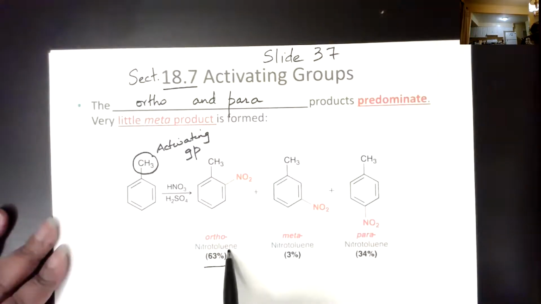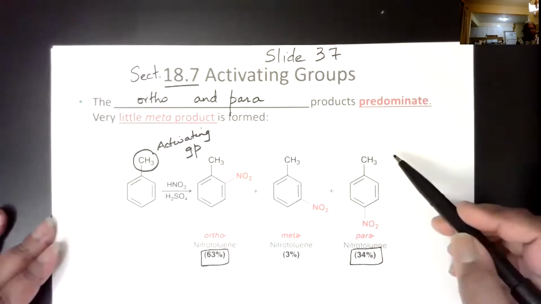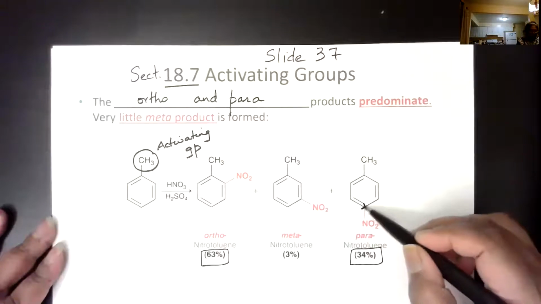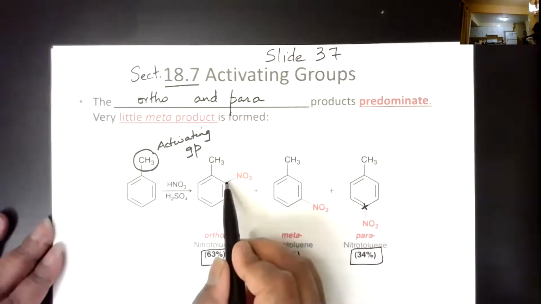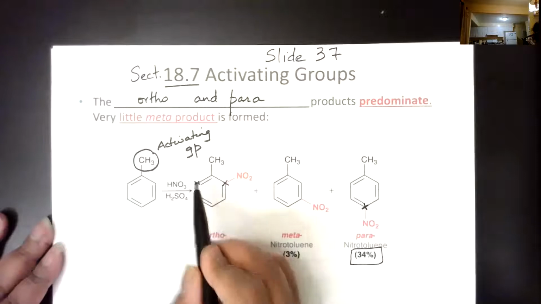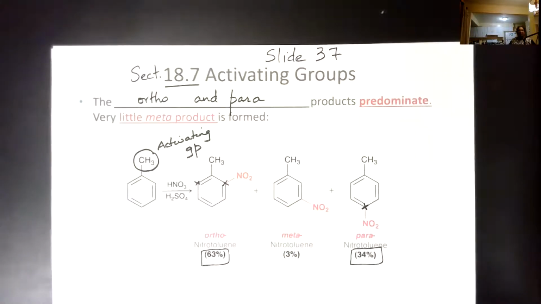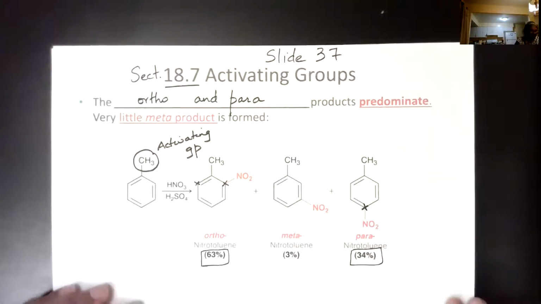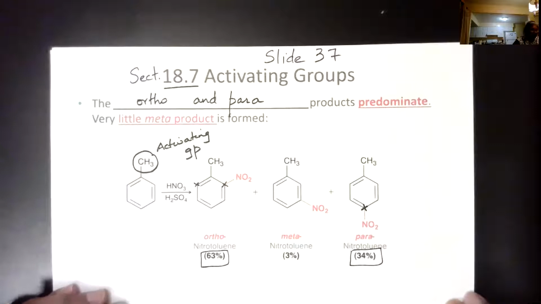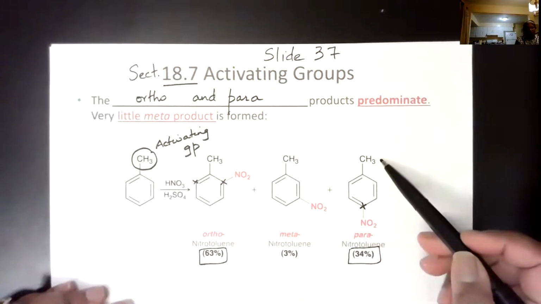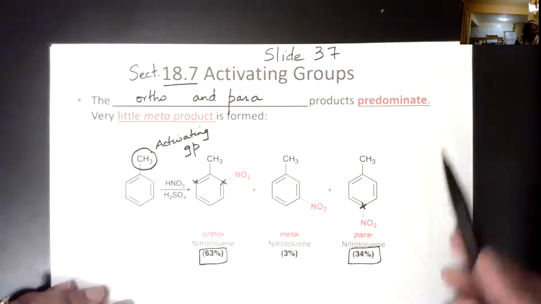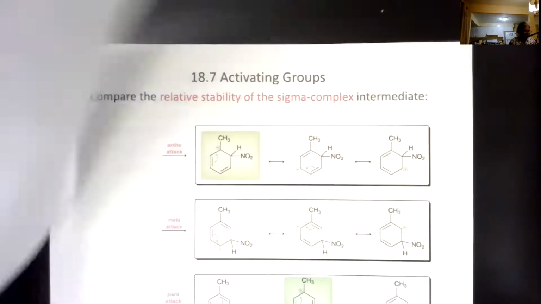So we have 63% of ortho and 34% of para. And we also said there's only one para position as opposed to two ortho positions. So you'll have theoretically 66% of the ortho and 34% of the para. That is, if the activating group is a small alkyl group.